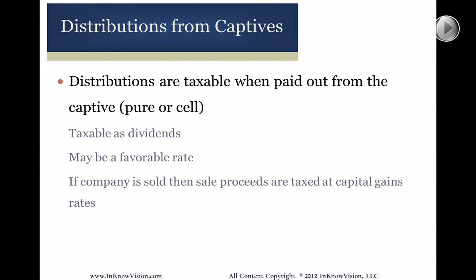But his goal is to continue to buy land and just buy it, hold it, preserve it, and keep it forever. The captive can be a perfect vehicle for that because land doesn't have any taxable income. And so he doesn't have to pay tax when he buys a piece of land. He doesn't have any income coming in, unless it's a leased property, but he's not buying leased properties in the captive.